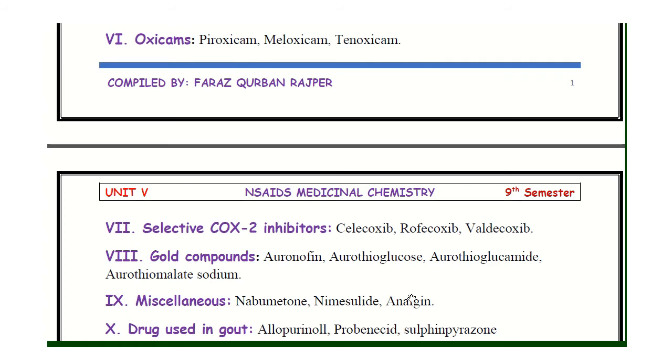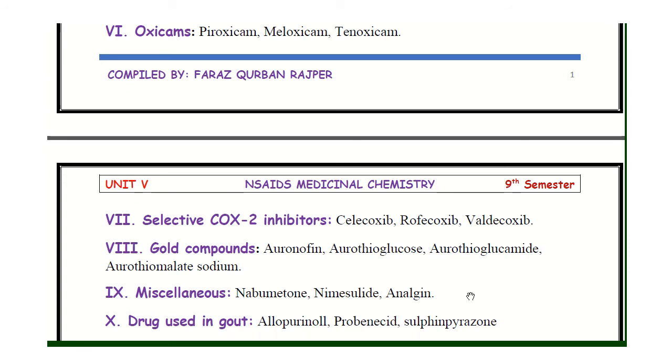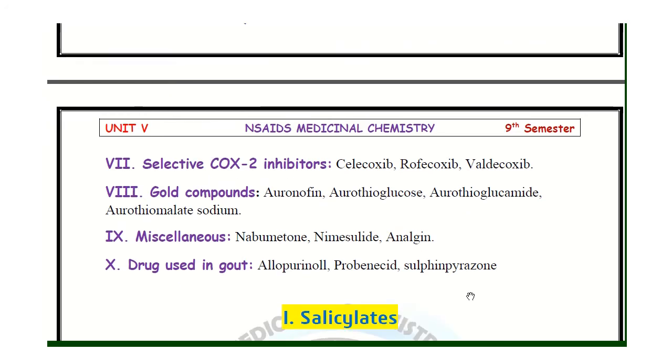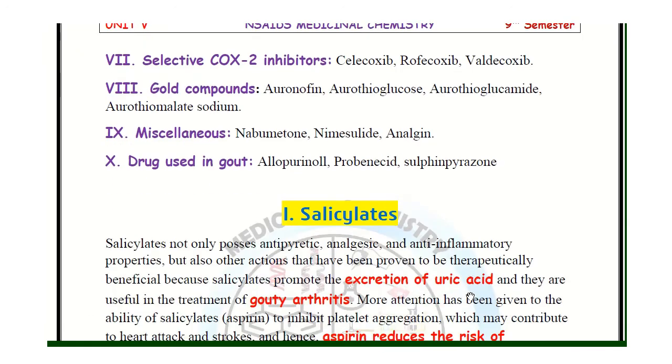Examples of drugs are auranofin, aurothioglucose, and aurothioglucanide. Miscellaneous NSAIDs include nabumetone and nimesulide. Besides this, there are other different drugs that can be useful in gout treatment. Examples are allopurinol, probenecid, and sulfinpyrazone.